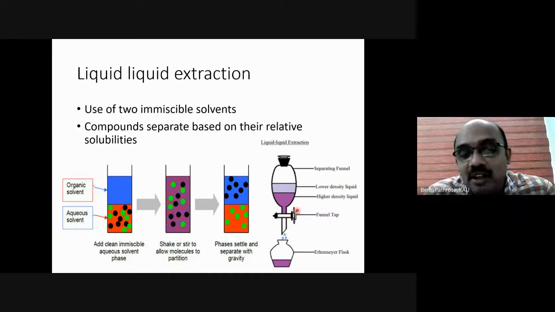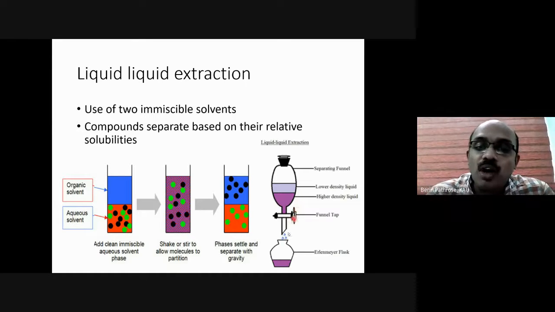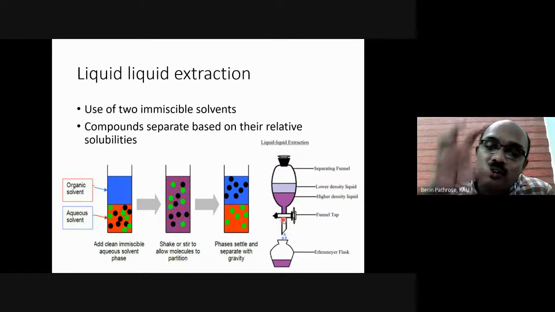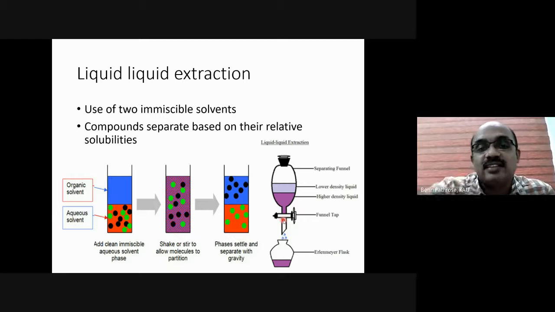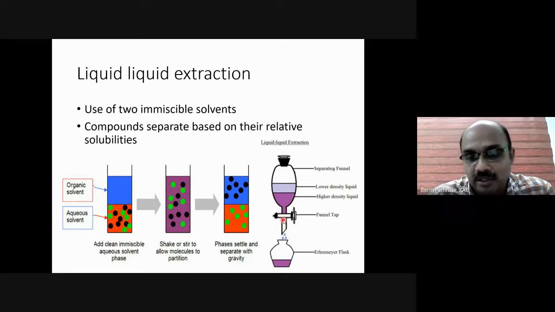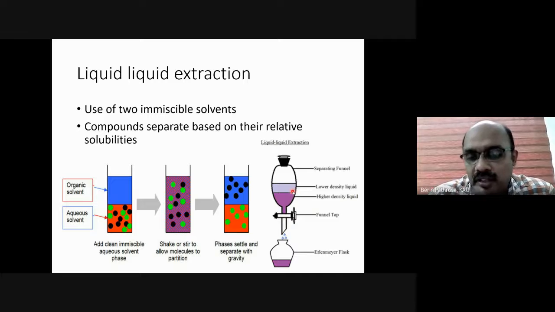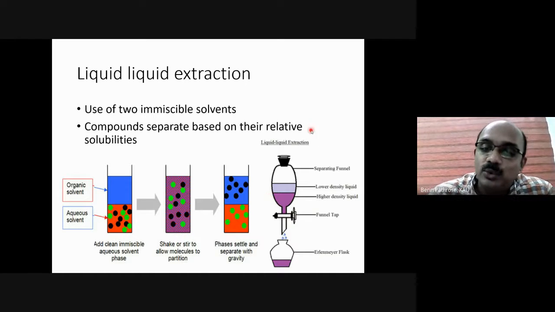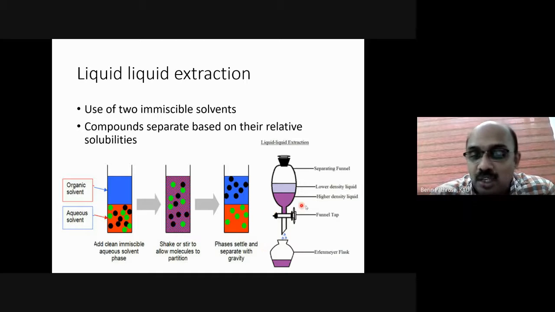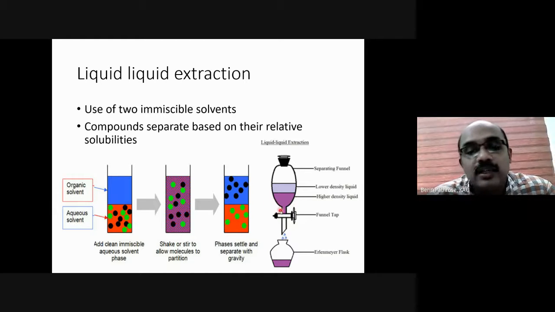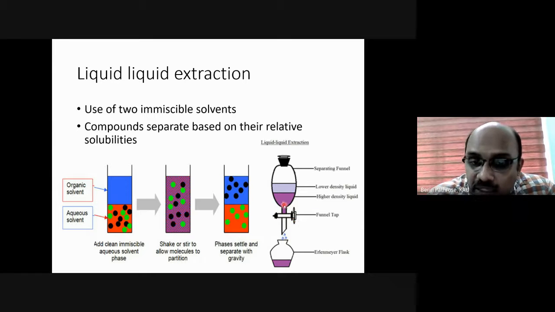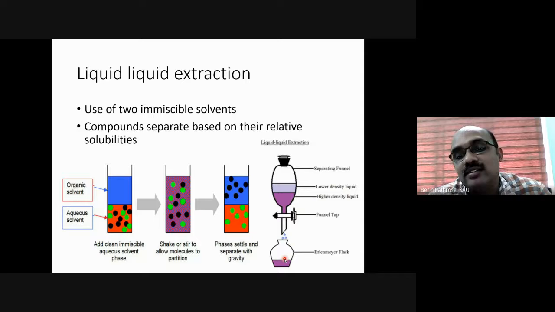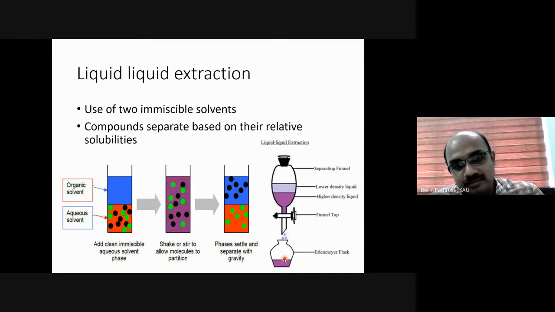While we are mixing, whatever pesticide molecules are present in the water will get extracted into the dichloromethane. Once you mix it for a few minutes, keep it in the stand, remove the stopper so that the two layers separate, with dichloromethane at the bottom and water at the top. Open this knob and you can collect the solvent which now has the pesticide.